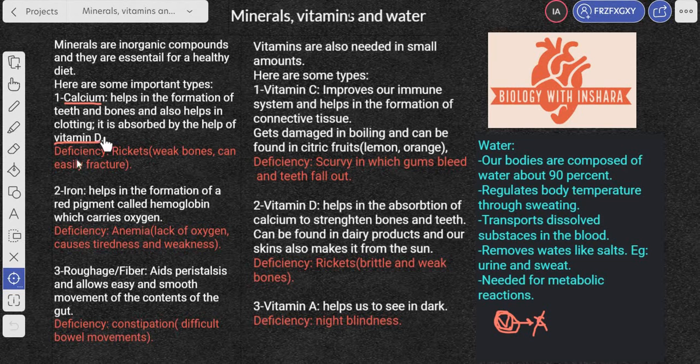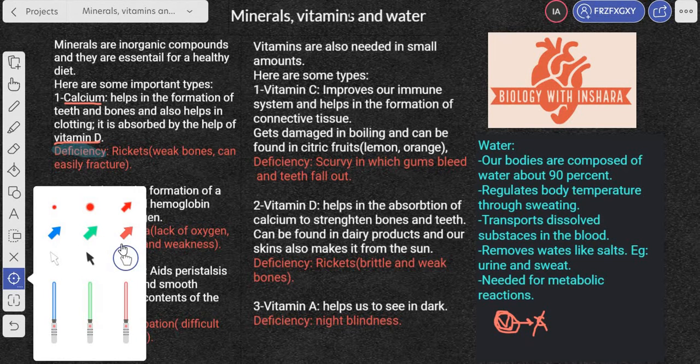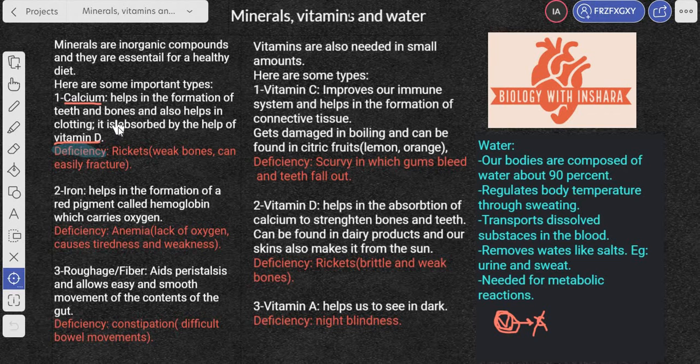Okay, so where can we get calcium? We can get calcium from dairy products like milk, eggs, yogurt, cheese. You can also get supplements, that is optional. So deficiency, what is deficiency? Let me just highlight this to emphasize this word so that we understand the meaning. Deficiency is basically a lack of a particular nutrient, like you're not getting enough of that nutrient, right?